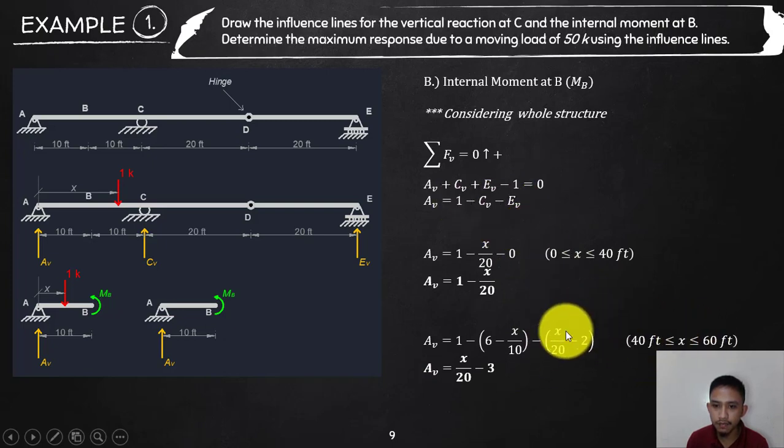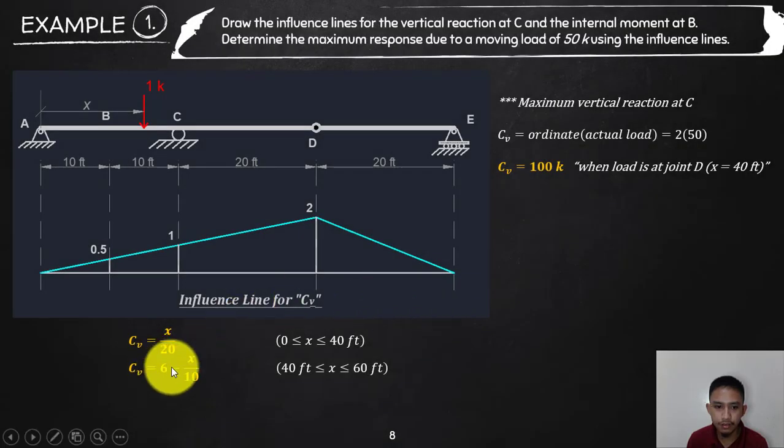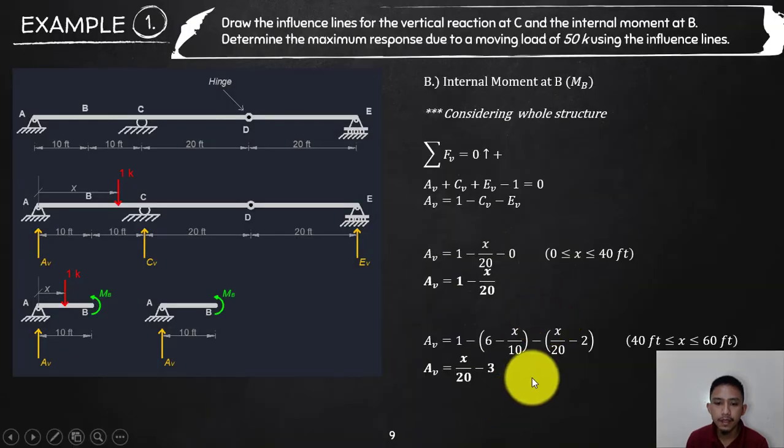So this is your EB this time, and that is your CB this time. Simplify, you will have x over 20 minus 30. You can check this one by going back to our values. There you go. Now we have your AB. We only need the first one, because we only need it to solve for the MB. MB is what we need, since it is what we will draw the influence line for.